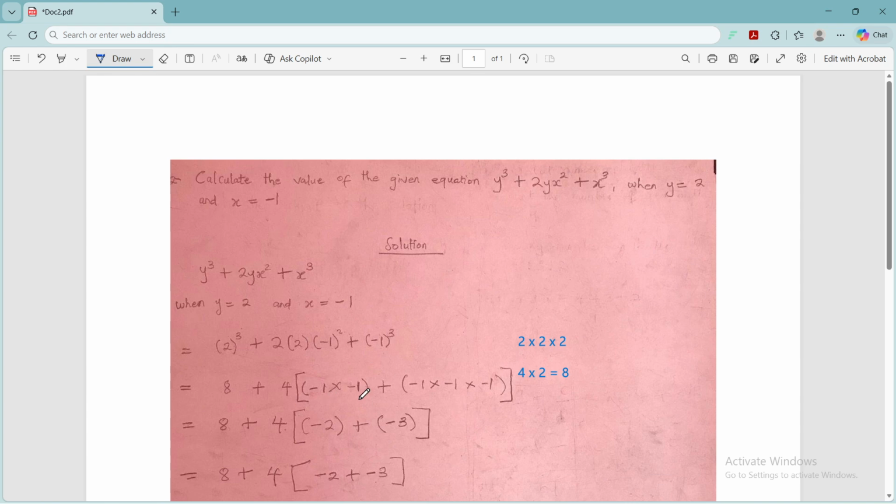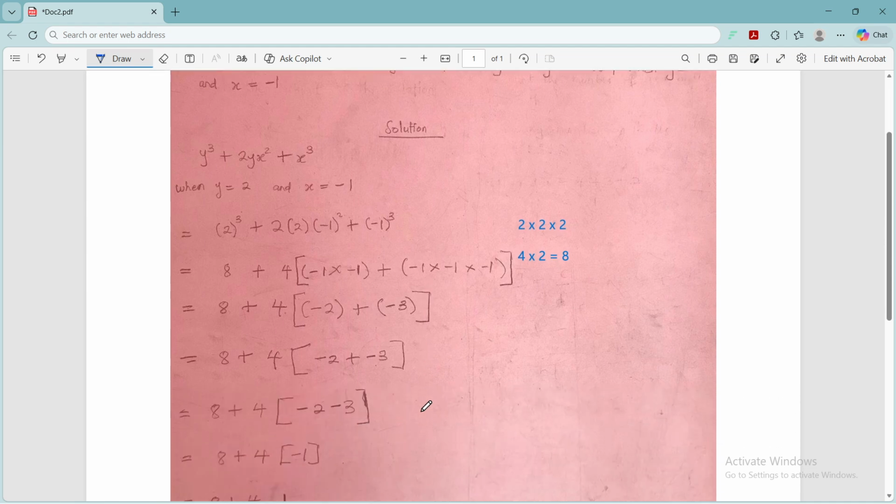Plus -1 cubed, which is seen as -1 multiplying -1 multiplying -1, which is -3, right? So we have our new equation to be 8 plus 4 multiplying, all in brackets, -2 plus -3, right? So I expanded it further: 8 plus 4 multiplying, all in brackets, -2 plus -3.